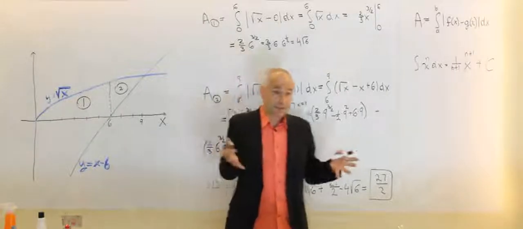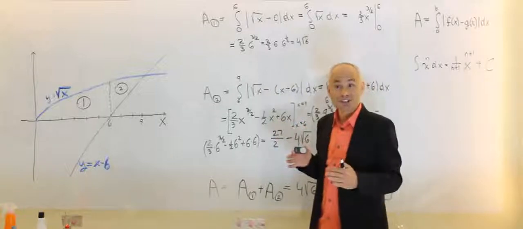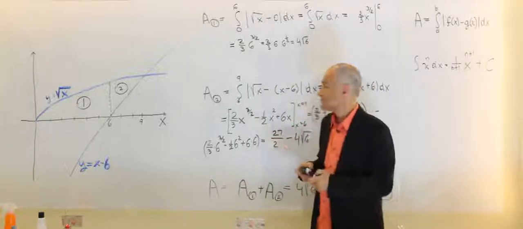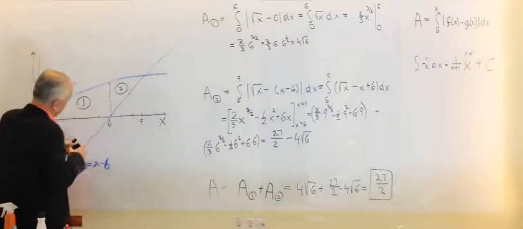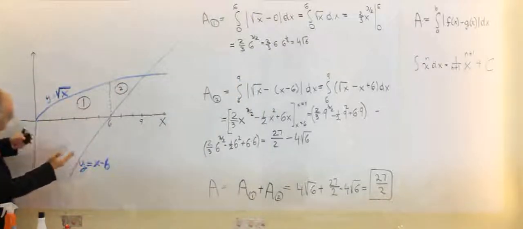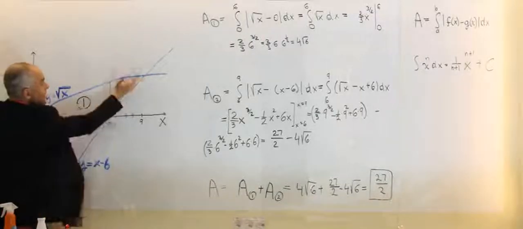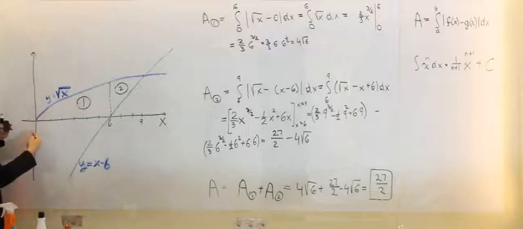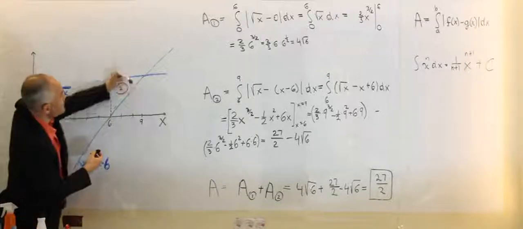You see the same region, but this time the region is bounded by two functions, not three, right? So I'm not going to rotate the entire wall, but I'm going to rotate my head. And now this line lives above this curve.